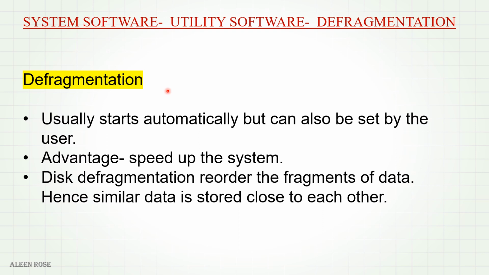It is usually done automatically but can also be set by the user. The main advantage is that access time to the data file is very less, and therefore it speeds up the system. Defragmentation reorders this fragmented data by storing similar data close to each other.